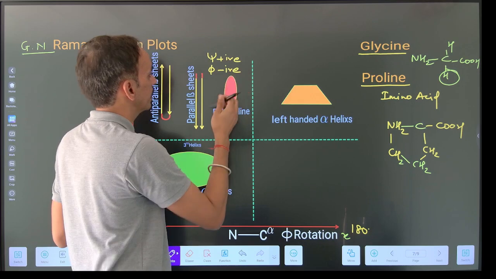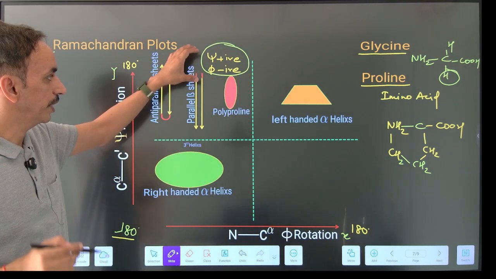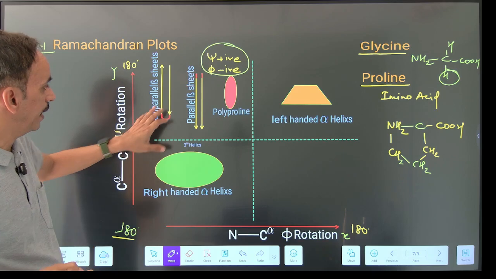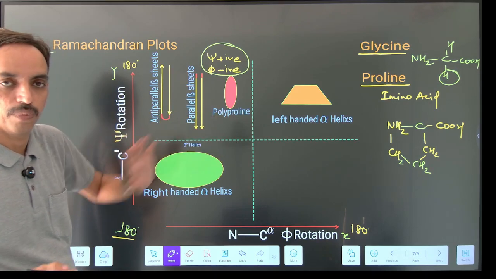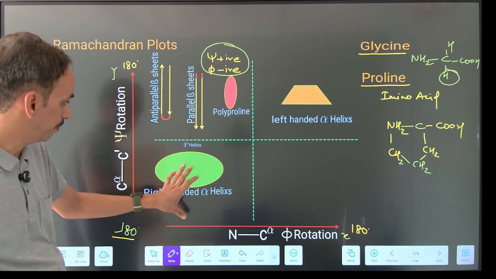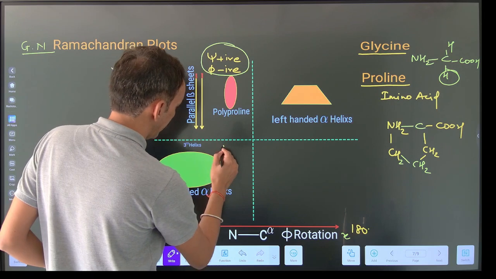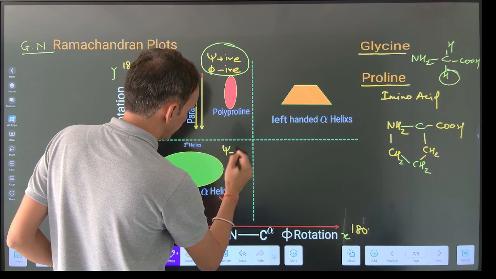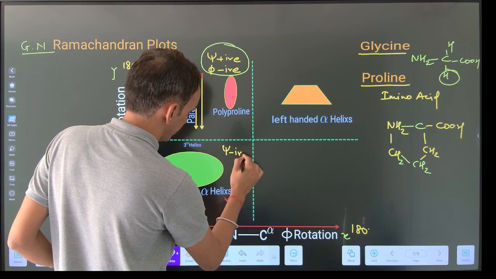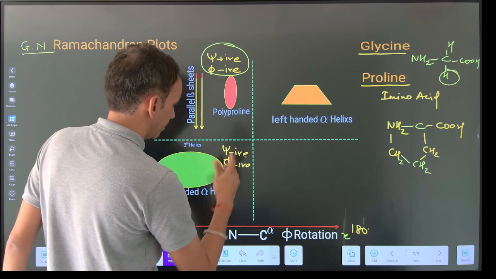So in this particular condition, or on this rotation, we are getting anti-parallel beta sheet, parallel beta sheet, and the polyproline structure. Well, if we talk about this part, it has the psi value in the negative way, and phi is also negative. Both are negative.